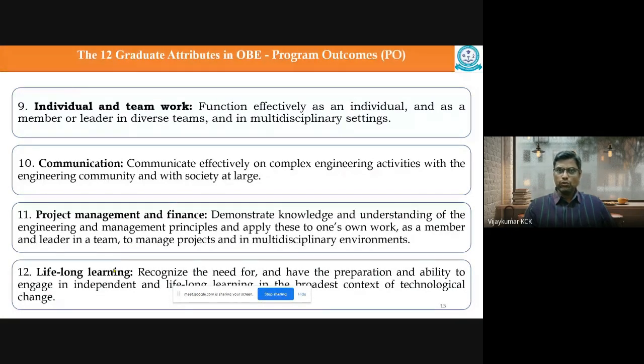So these are all the 12 program outcomes, rather graduate attributes, which we are following as far as the engineering institution is concerned.